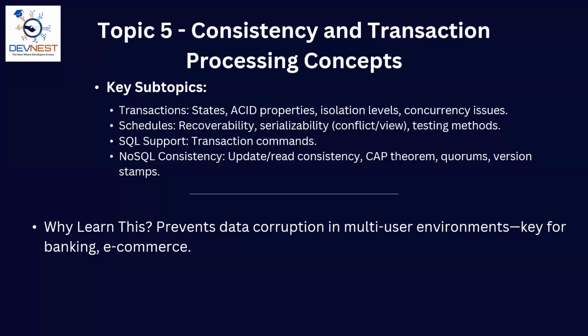So the second one is if the system crashes after step two. Naushaba gets 100 rupees, but Raisa's balance doesn't reduce, right?